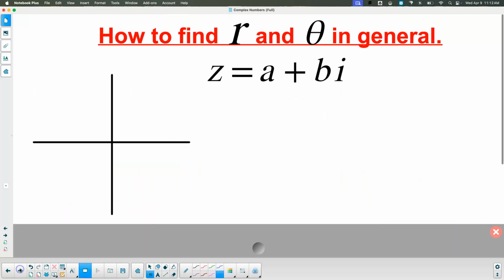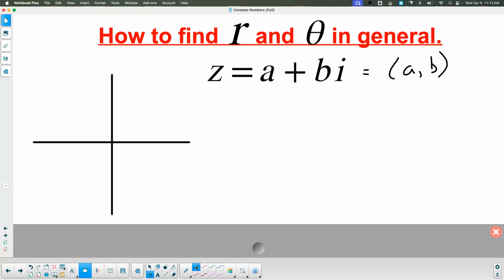So, how can we find r and theta in general given a complex number? Given the complex number in the complex plane, that also means that this is equal to a comma b in terms of an ordered pair.